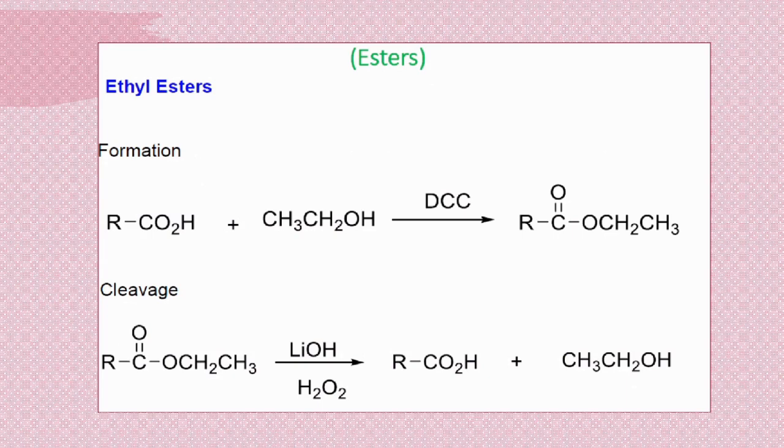And the deprotection step is similar to methyl esters: the ethyl ester, in the presence of lithium hydroxide and hydrogen peroxide, undergoes hydrolysis, resulting in the formation of acid and ethyl alcohol.